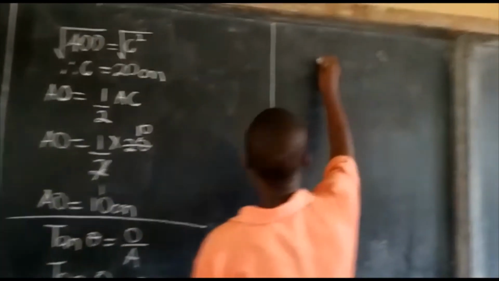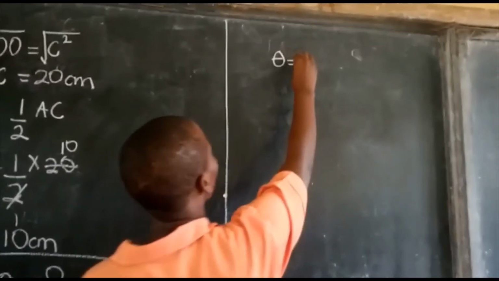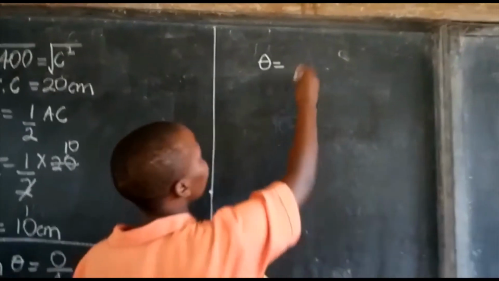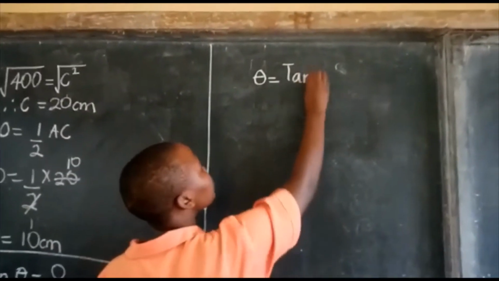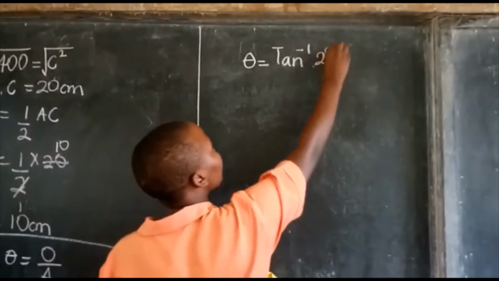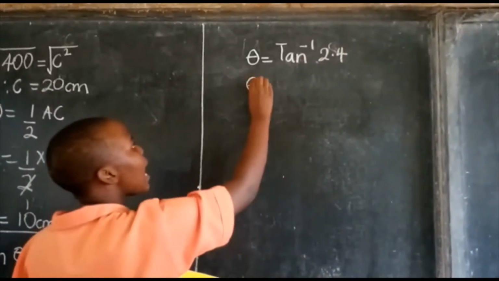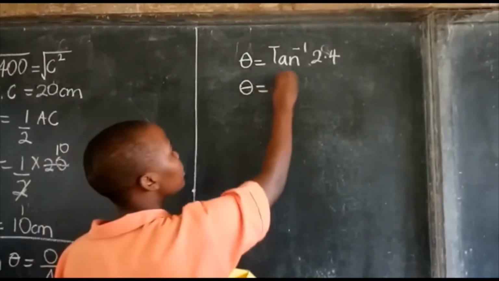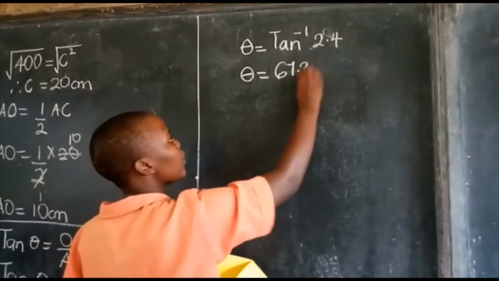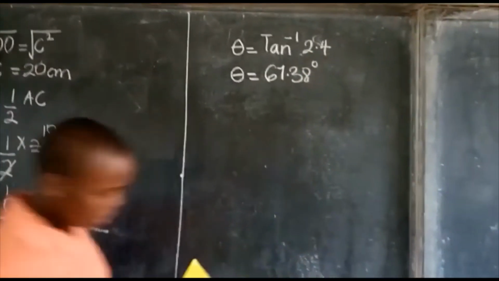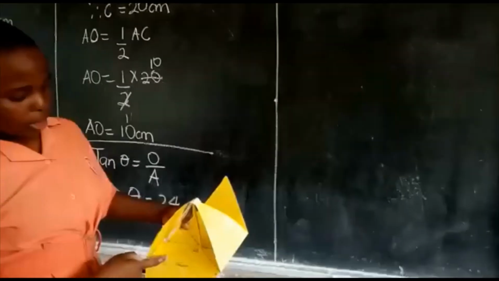Therefore, to find that angle, we shall find the inverse of 24 over 10, which will be tan inverse of 2.4. Our angle will be equal to 67.38 degrees. So that's our angle, 67.38 degrees.